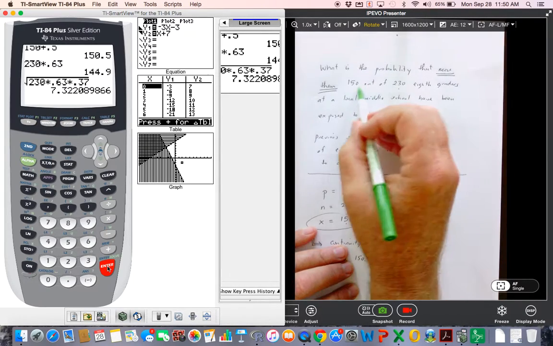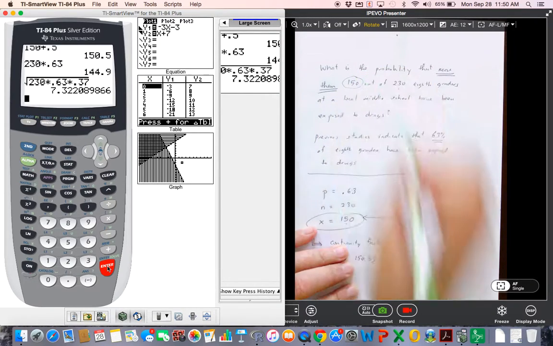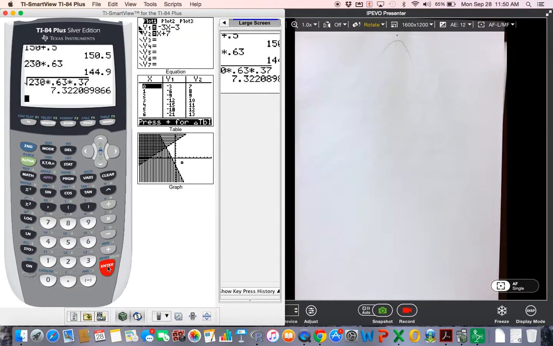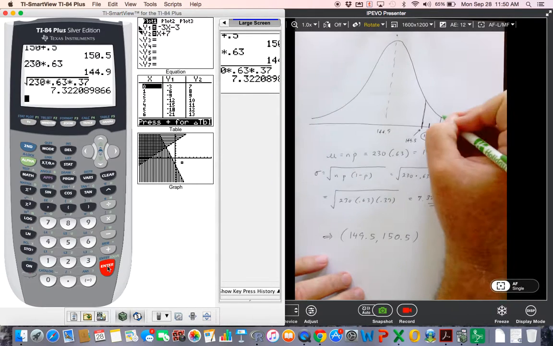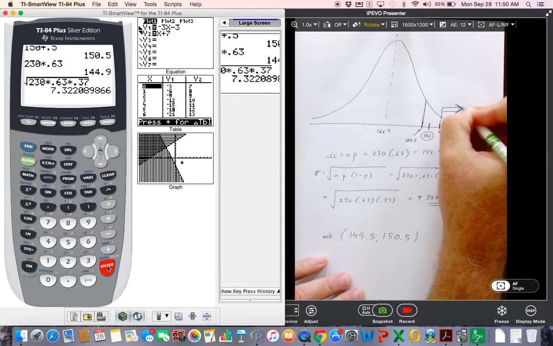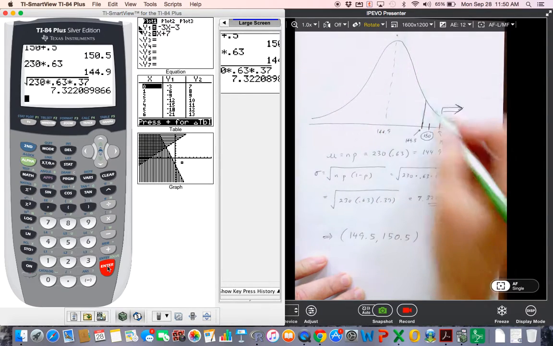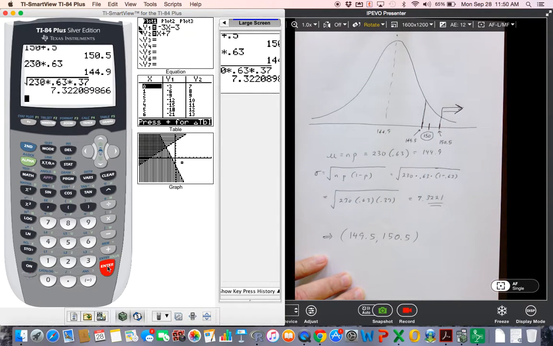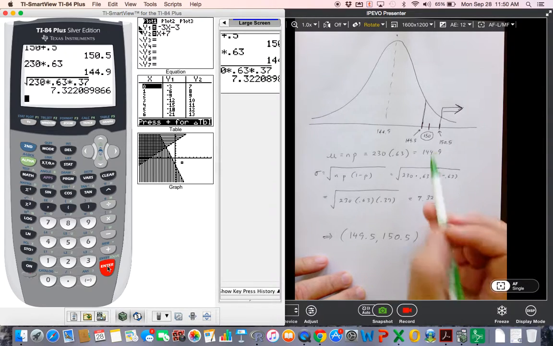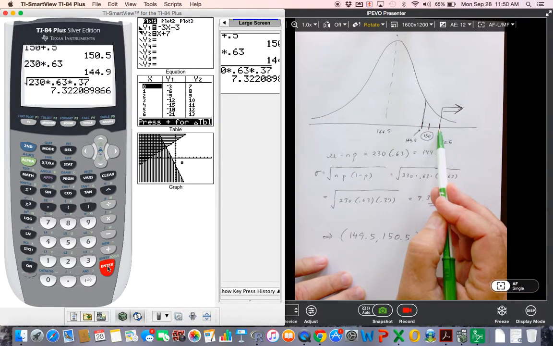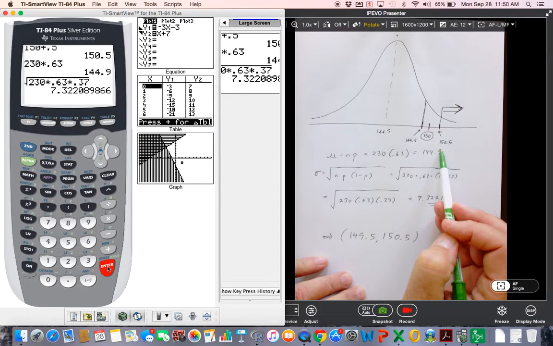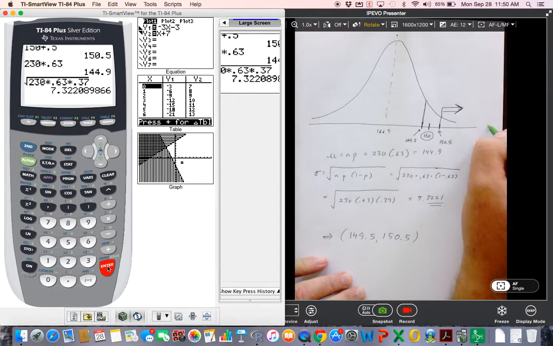So what I've got to do is start at this 150, implement that continuity correction, and make my calculations based on the upper bound of the interval built around 150 to correct the fact that we have a discrete measurement, but we're using a distribution that is made for quantitative variables. We call it a ratio scale. Okay, so I have to run my probability from 150.5 all the way up to infinity.